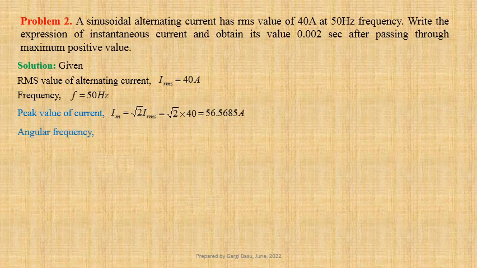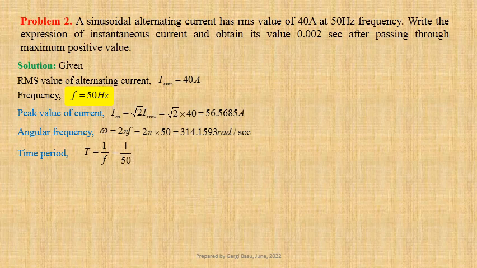Angular frequency omega equals 2 pi into f, that is equal to 2 pi into 50, that gives us 314.1593 radian per second. Time period T equals 1 upon F, that is equal to 1 upon 50, that gives us 0.02 second.